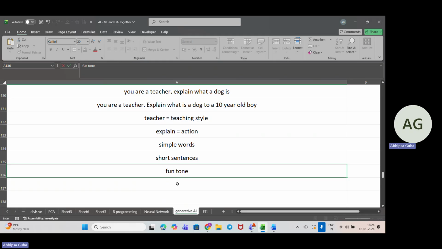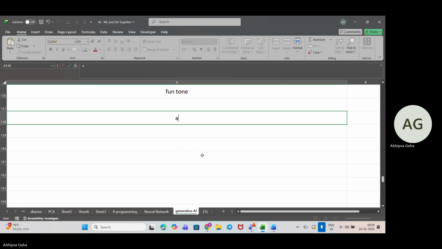Now suppose you add the style, right? "You are a teacher, explain what a dog is to a 10-year-old boy using a story."